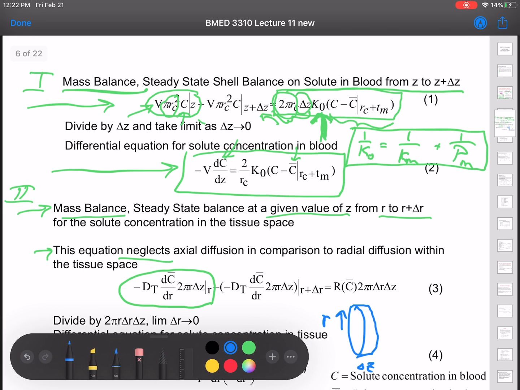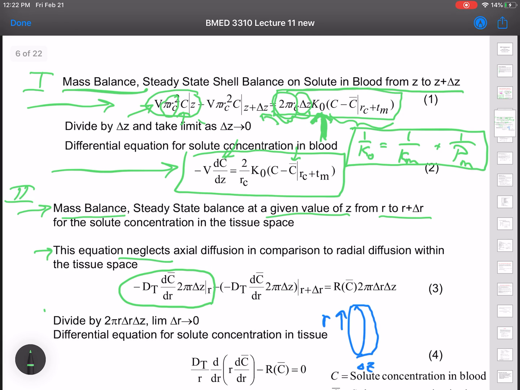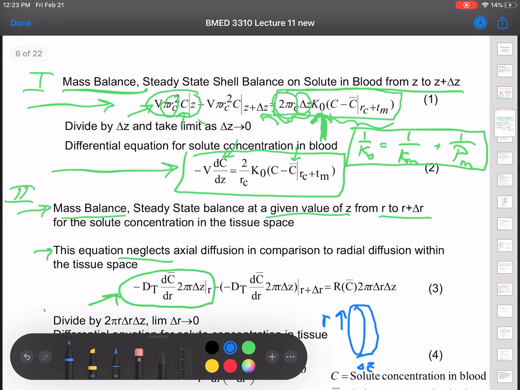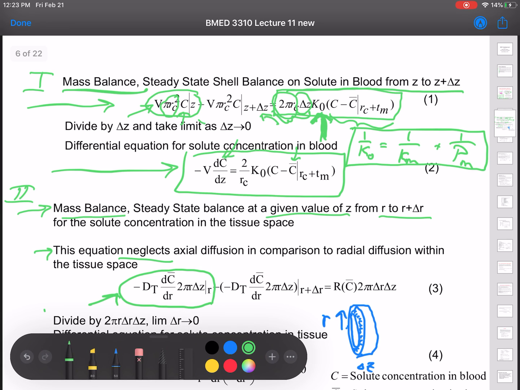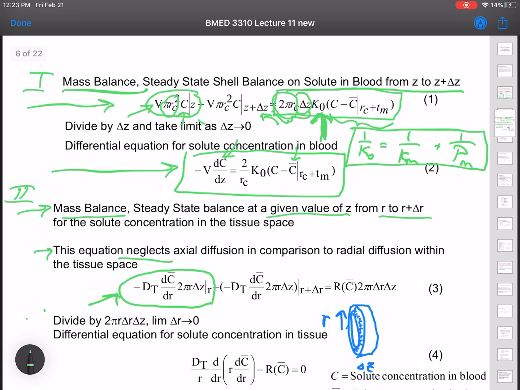So, and I need green again. Okay, so this term is diffusion into our little shell. Oh, and by the way, it is delta R thick. So here's our shell here. It's like macaroni, like a very, very small piece of macaroni.